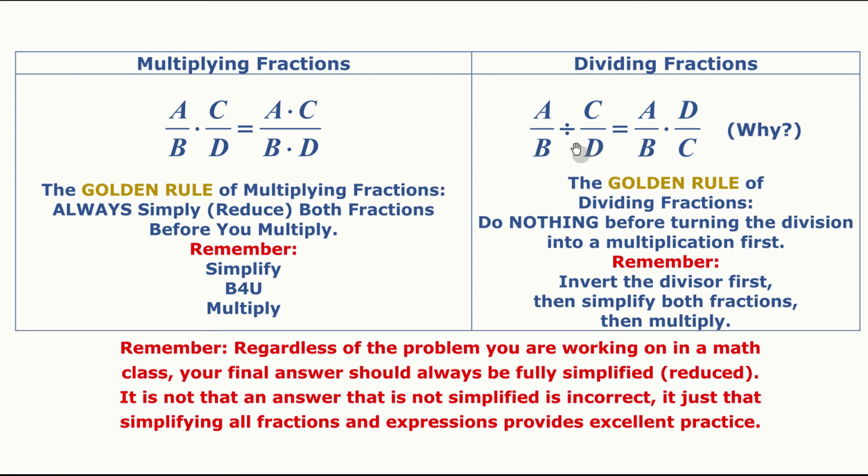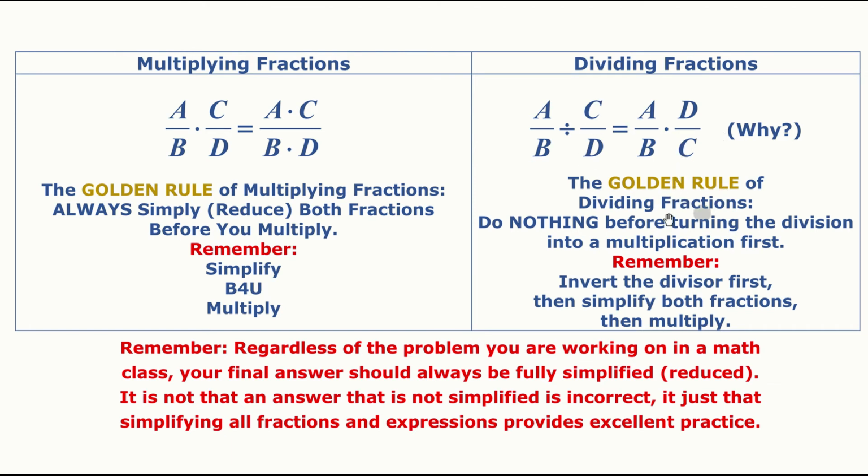Now, for division of two fractions, you keep the first one the same, and then you turn the division into multiplication, and you go ahead and flip this over, turn C over D into D over C. So you invert it, okay?